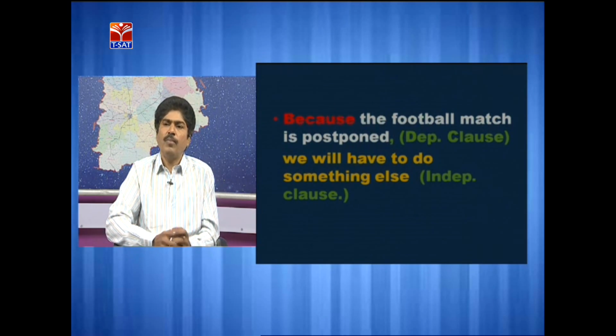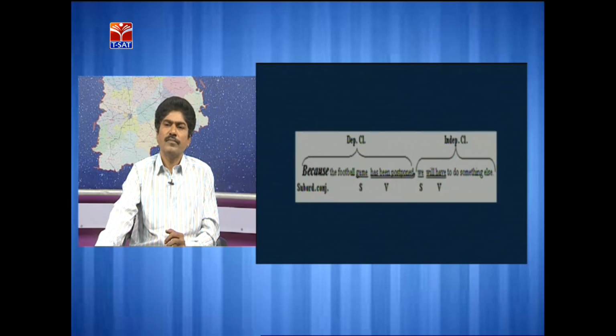Because the football game has been postponed is one dependent clause, and we will have to do something else is an independent clause. We combine these two by using the subordinating conjunction because.